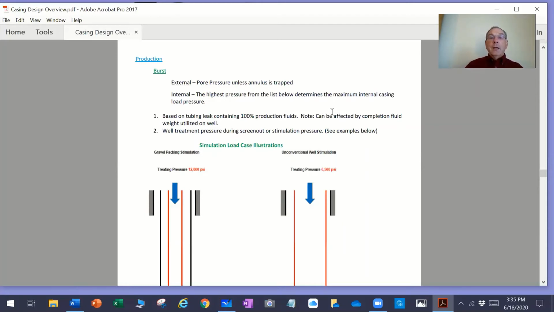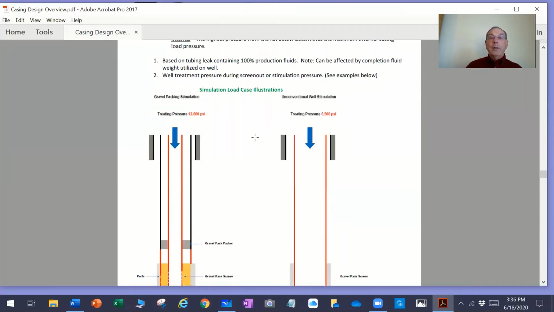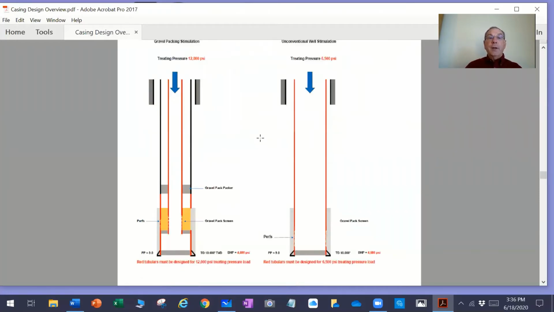And then, like I say, it's going to be based on a tubing leak with 100% production fluids, or case number two, a well treatment pressure during screen out or stimulation. And I've made two examples just to illustrate this that we can see.